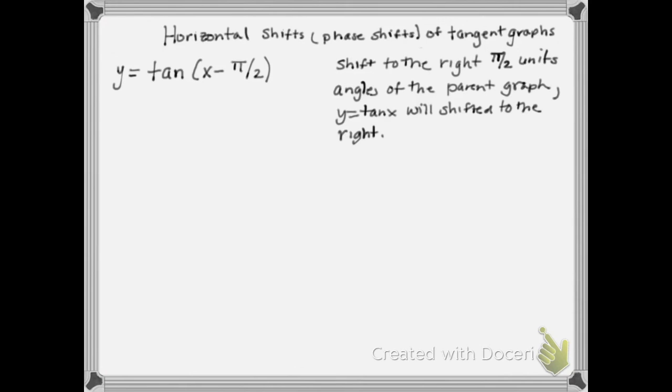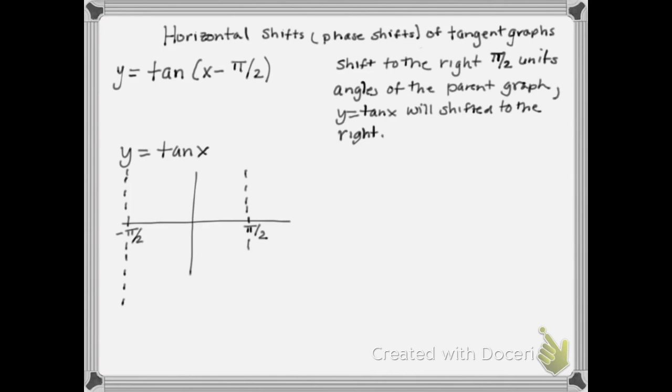Let's look at our parent graph, which is y equals tan of x. For our parent graph, remember our asymptotes were negative pi over 2 and pi over 2. These came from the unit circle. If I put my sine over cosine and I divide by 0, it's undefined.